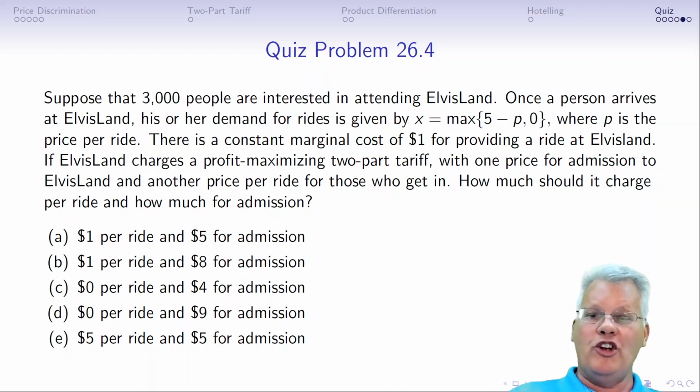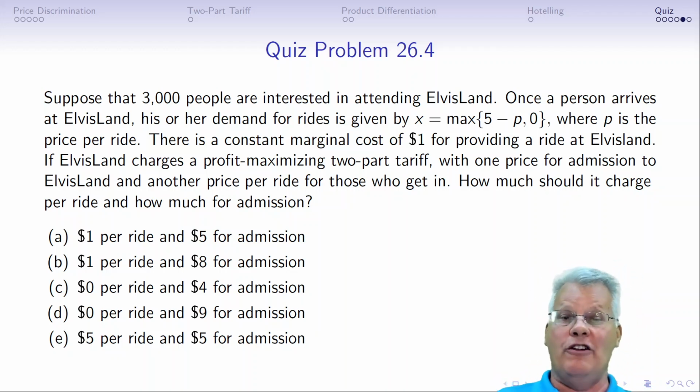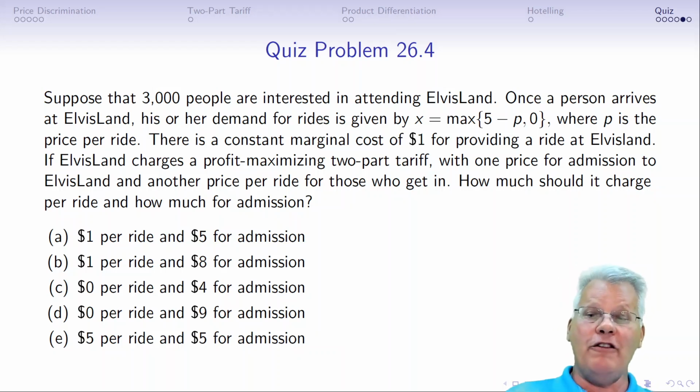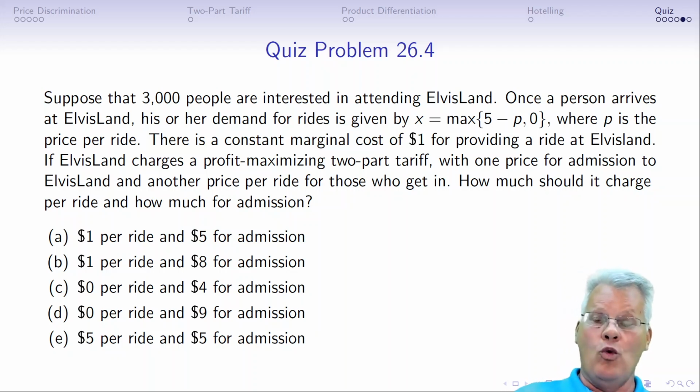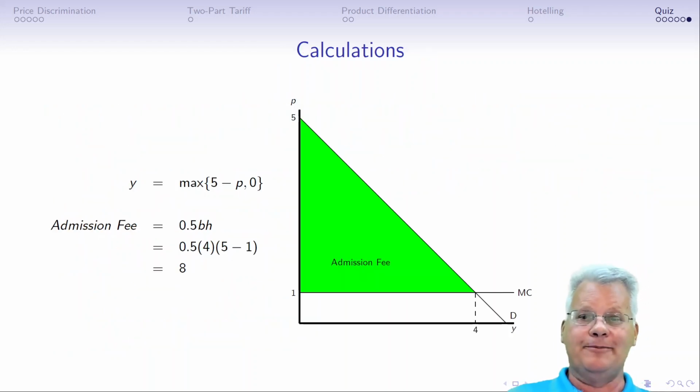We know that $1 per ride will be charged, and the question is, how much should the admission fee be? Well, the admission fee should be the consumer surplus that's generated when $1 per ride is charged and people ride as many rides as they would like.